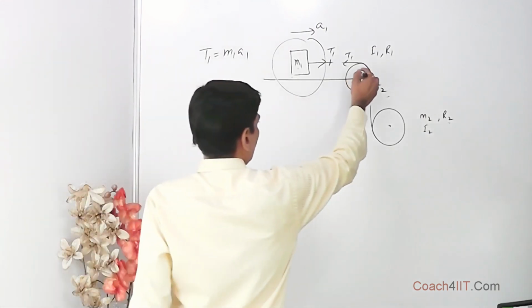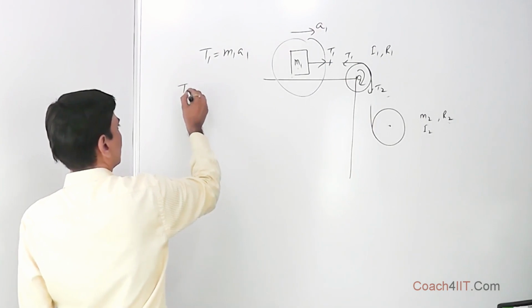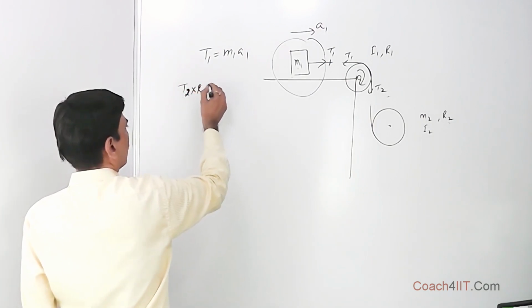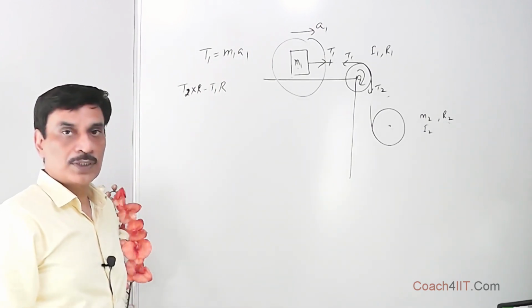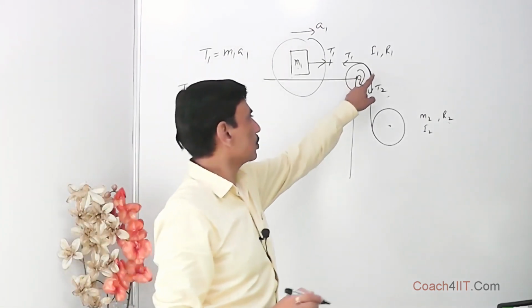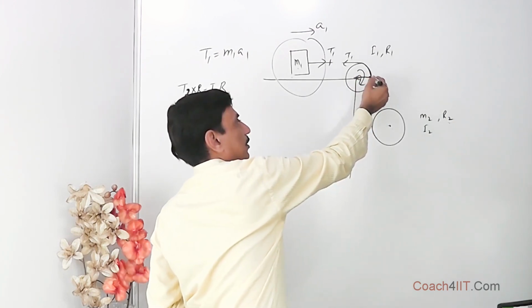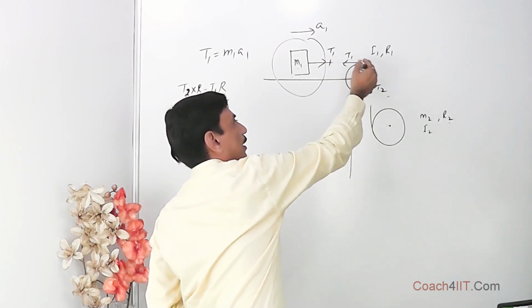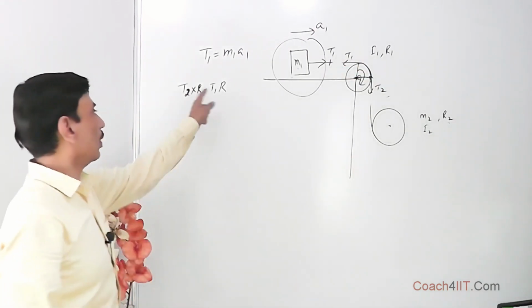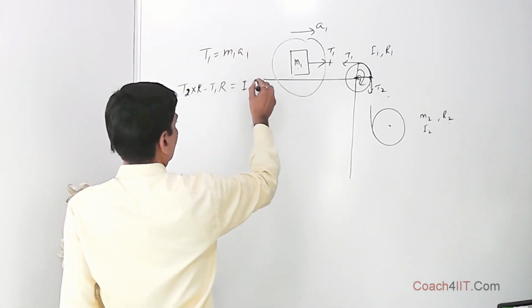Clockwise minus anti-clockwise torque, force into perpendicular distance, gives net torque T2 into R minus T1 into R, which is equal to I1 into alpha.